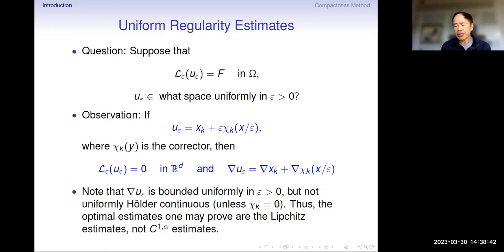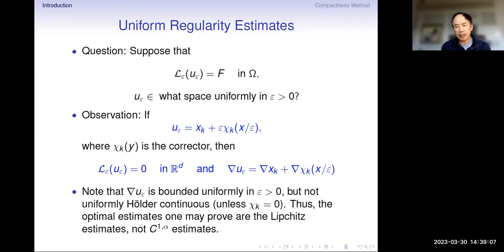So that gives you some idea what kind of regularity to be expected. So we take the gradient of U epsilon. We get a gradient of x_k, which is a constant. And then you take the gradient of the second term, there will be an epsilon to the -1 come out, cancel out. You get a gradient of chi k of x over epsilon, okay?